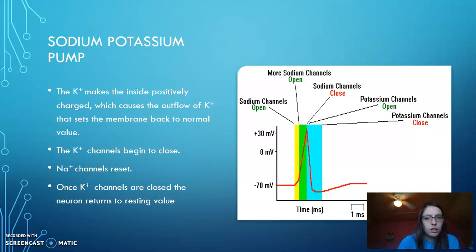And then once the sodium comes in, it will open the sodium channels, and then more sodium flows, the sodium channels close, and then your potassium channels open, and then once those begin to close, you see that drastic drop in your millivolts, and then it goes a little past the resting potential, and then it evens back out.